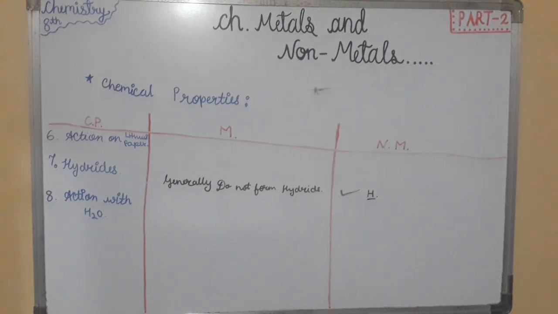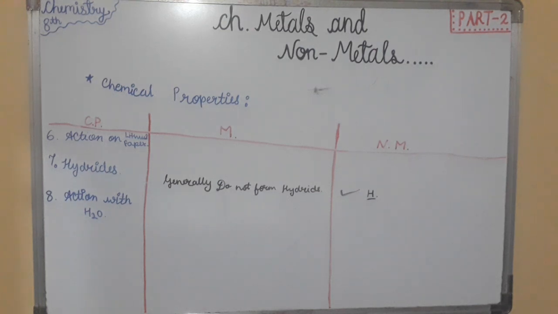Metal plus water gives metal hydroxide plus hydrogen. And non-metals do not react with water. In fact, they are kept in water to prevent the action of air on them.